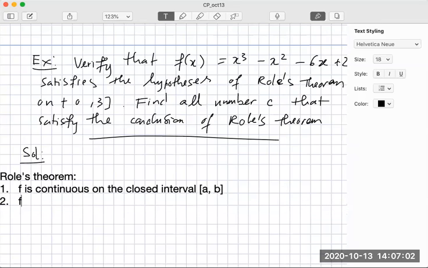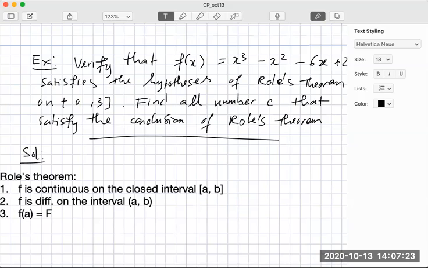Second, f is differentiable on the interval from a to b. Third, f of a should be equal to f of b. Okay?